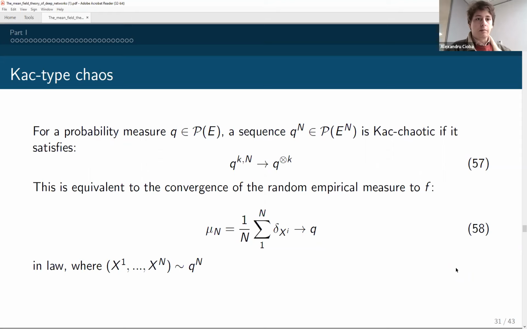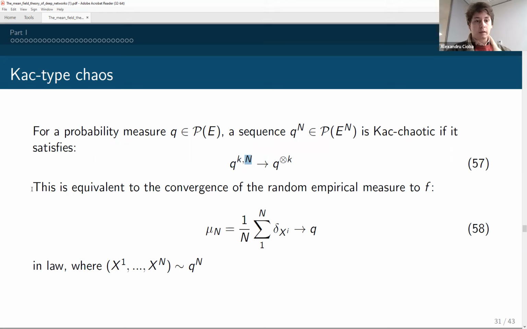So this particular setting is called chaos, or Kac-type chaos, and a sequence of probability measures on a product space is called chaotic if the sequence is symmetric, so you can define the kth marginal uniquely, and the kth marginal of the nth element in the sequence tends to a k-fold product of some probability measure on P weakly.